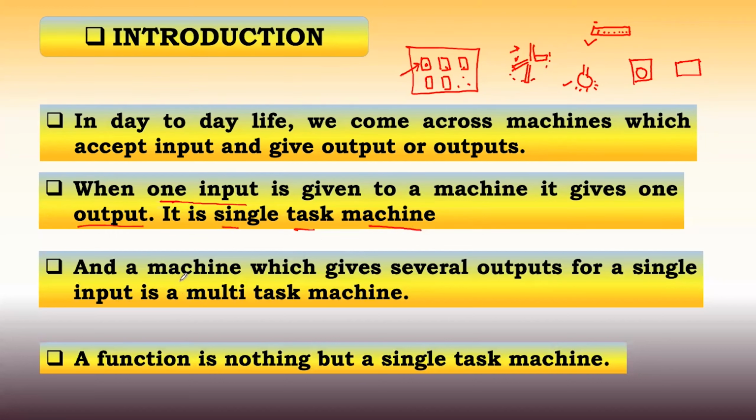But maybe if I'm saying that in this socket, I have a plug and that plug is connected with this fan, bulb, as well as the washing machine. And there is one more switch there. And this is on, right?